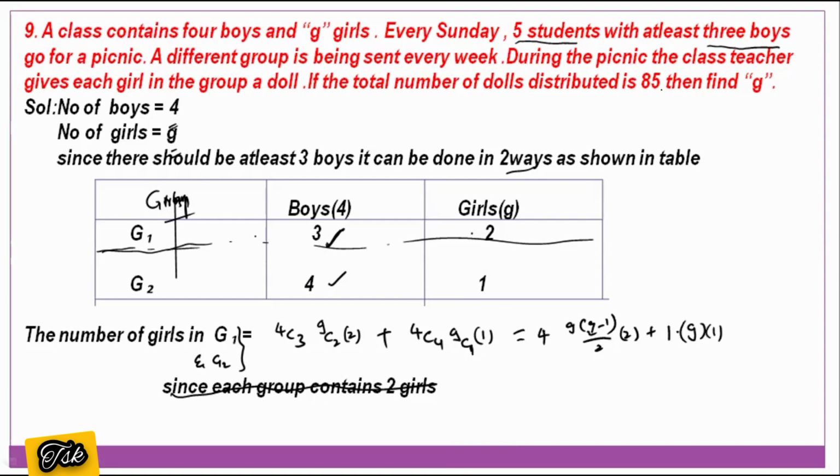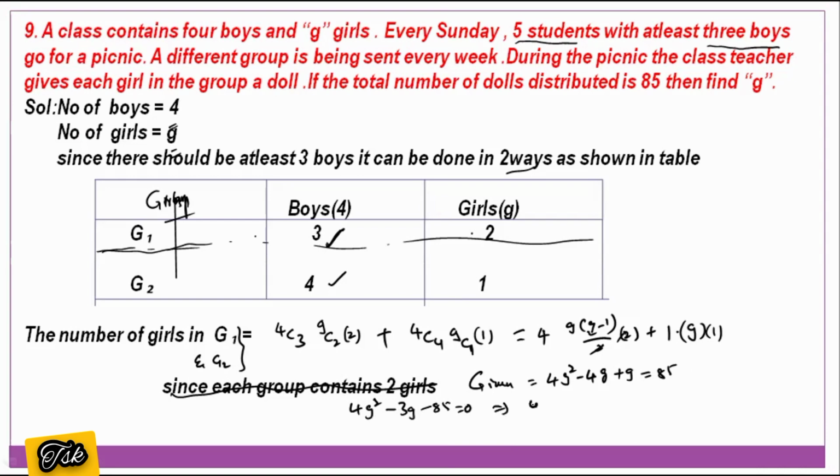And then the total number of dolls distributed: the 2 cancels, giving 4G square minus 4G plus G is equal to 85. So this can be written as 4G square minus 3G minus 85 is equal to 0.